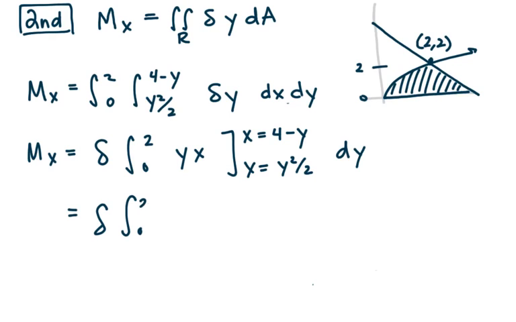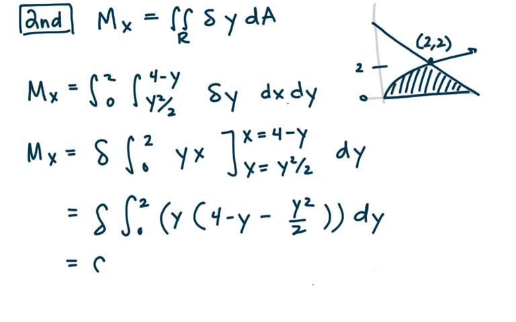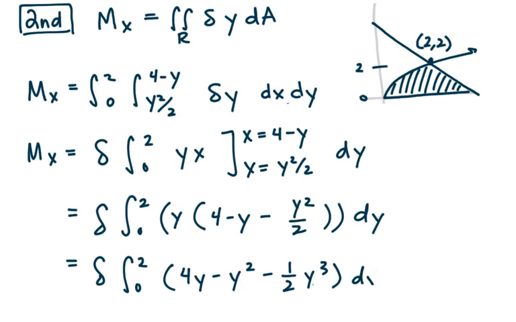So we have a little bit of algebra to simplify. I have y times 4 minus y squared over 2. Integrate with respect to y, so we'll distribute. That's delta from 0 to 2 of 4y minus y squared minus 1/2 y cubed dy.